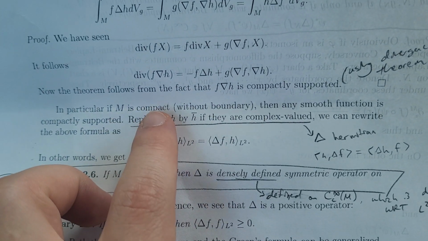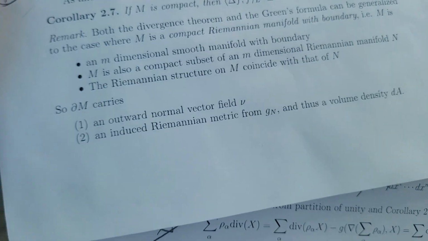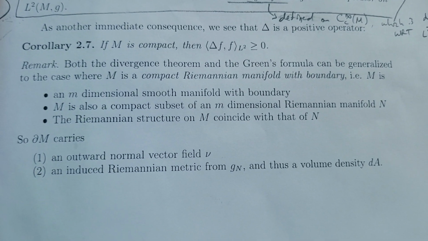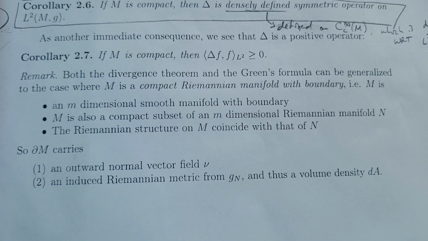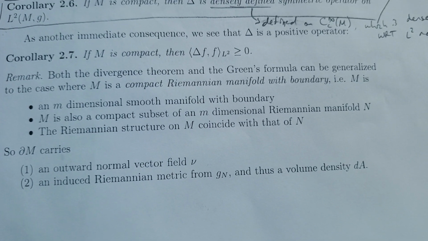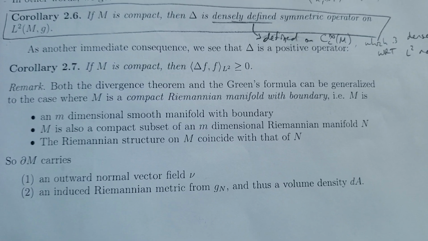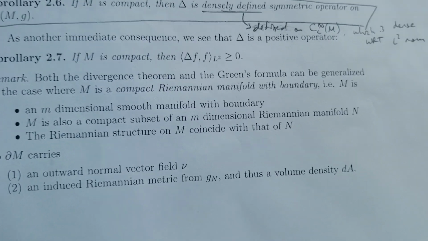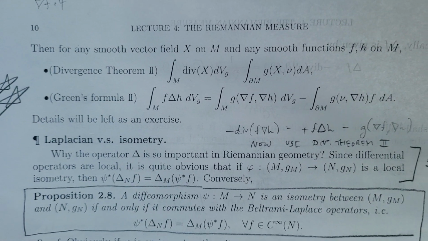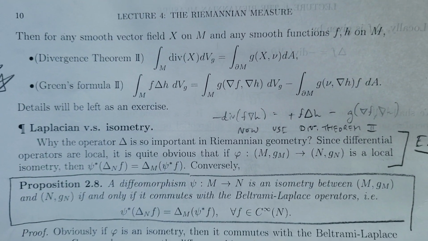But remember, we need M to be compact without boundary. If M instead satisfies these conditions, compact Riemannian manifold with boundary, you can look at these conditions for M to be a compact Riemannian manifold with boundary, and I explained them a minute ago. Then we get these wonderful and beautiful theorems, this divergence theorem and this Green's formula.